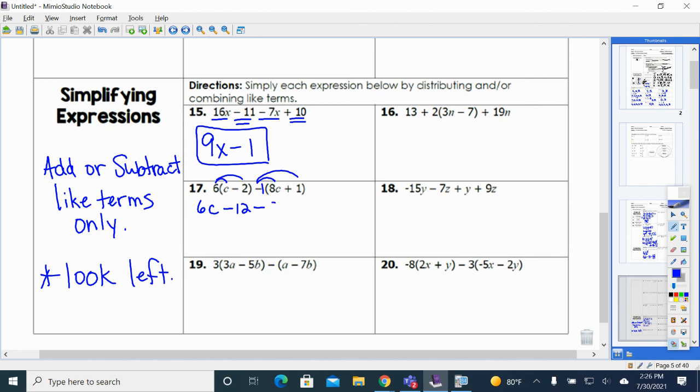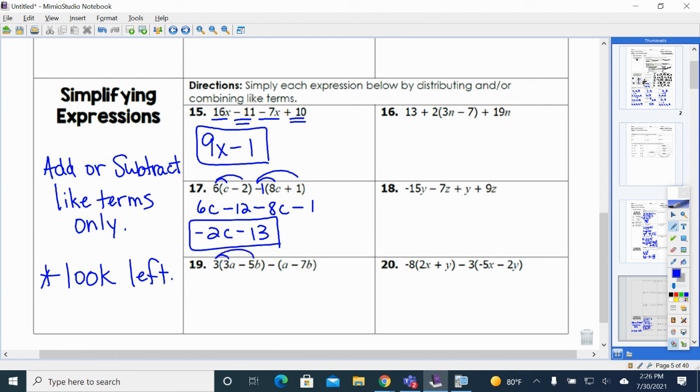Negative 1 times 8c is a negative 8c. And a negative 1 times a positive 1 is a negative 1. Now I'm going to combine my like terms. 6c minus 8c is a negative 2c. Negative 12 minus 1 is a negative 13. And again, I cannot combine the negative 2c and the negative 13. That's my answer.